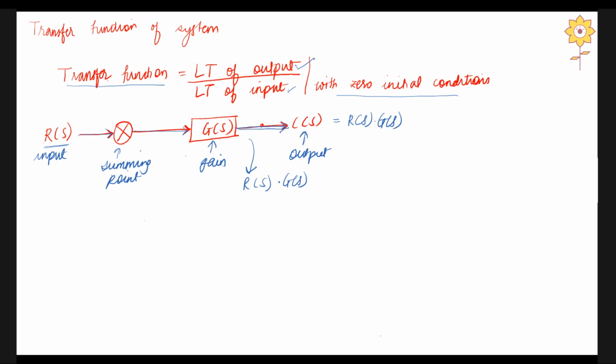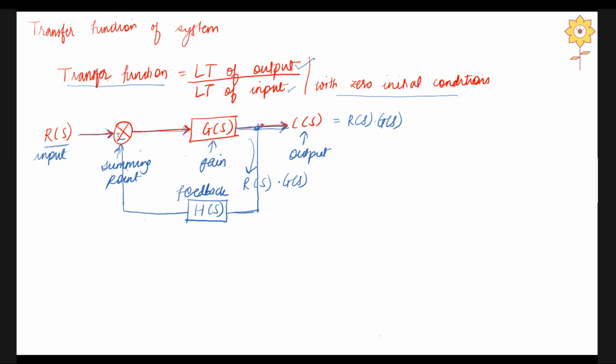Now, if we make a few additions to this particular system, if we add a feedback path from the output side towards the input side, over here we have H(S), which indicates the feedback. This is the feedback which will then come to this summing point.